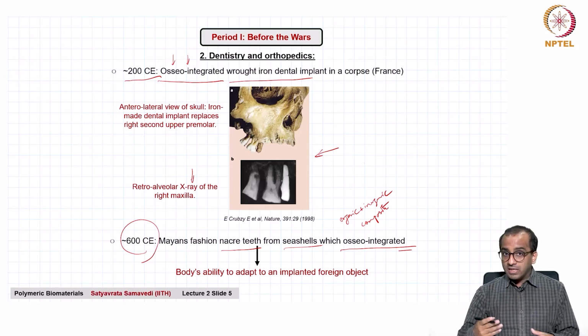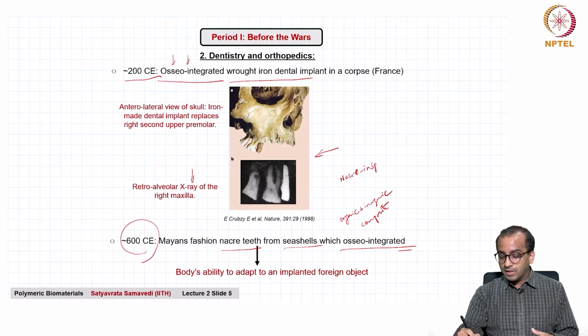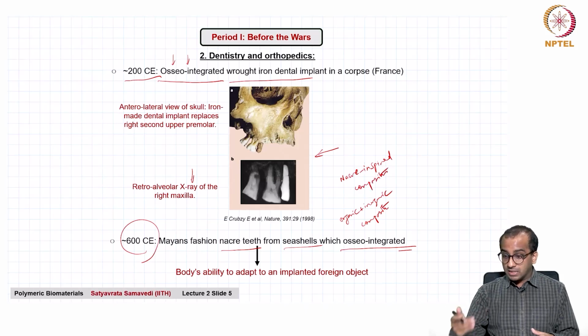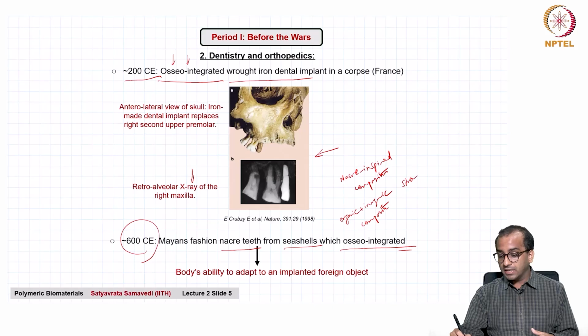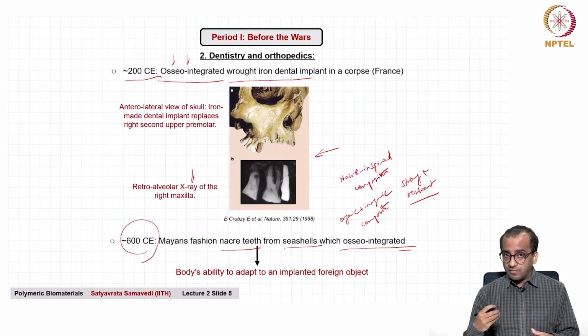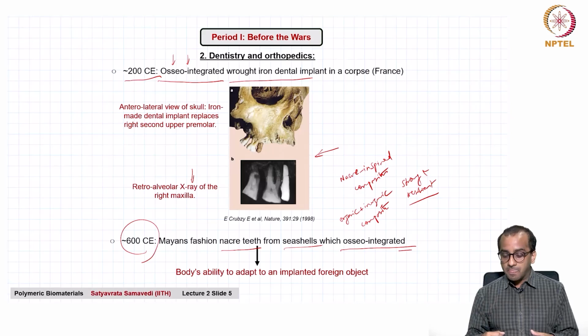And in today's day and age, you have a lot of people using nacre-inspired composites, because nacre itself is very strong and resilient, and for its exceptional mechanical properties, people find a lot of inspiration from nacre to design composites.